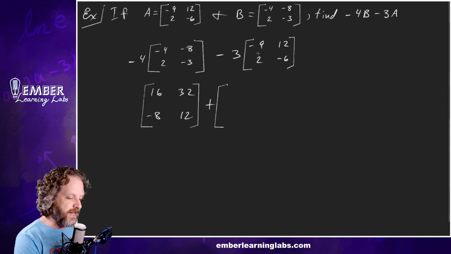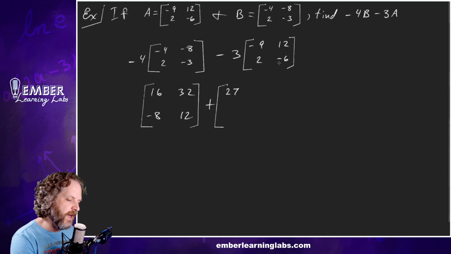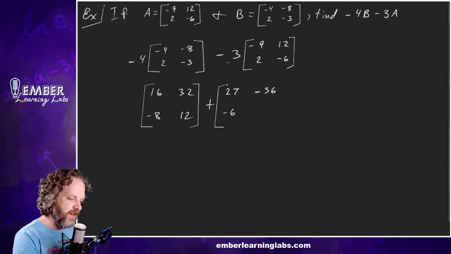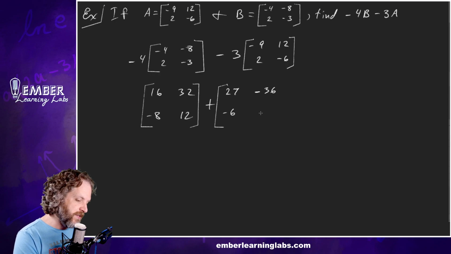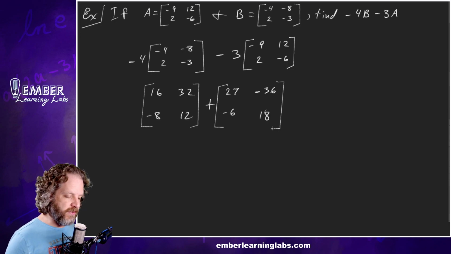So negative 3 times negative 9 is positive 27. Negative 3 times 12 is negative 36. Negative 3 times 2 is negative 6. Negative 3 times negative 6 is positive 18. Okay? So you might notice, I'm going to just say this out loud so you can see.